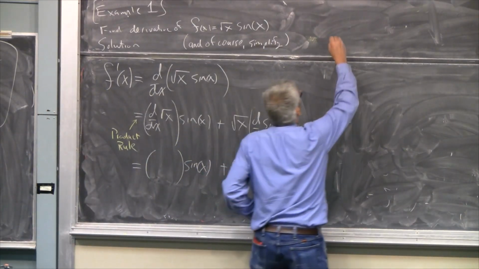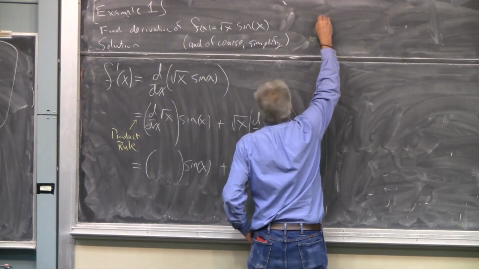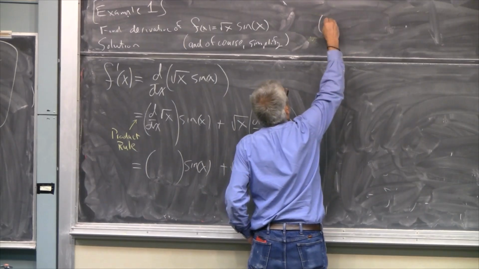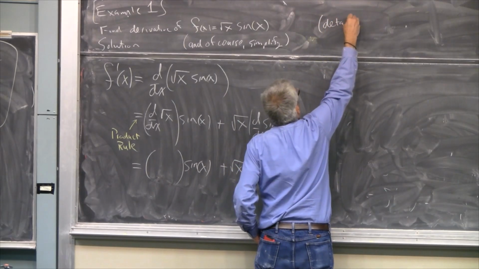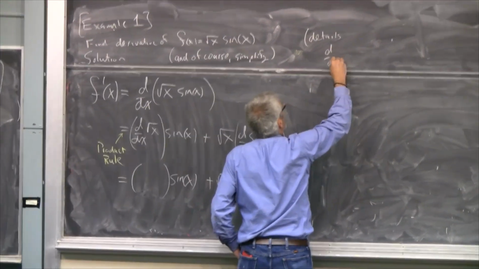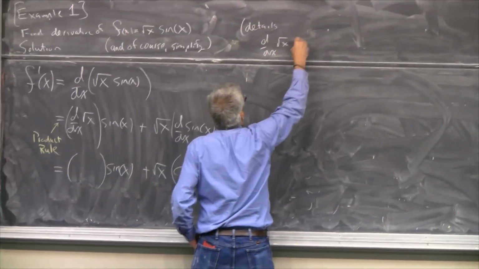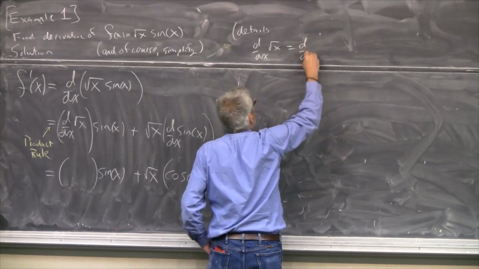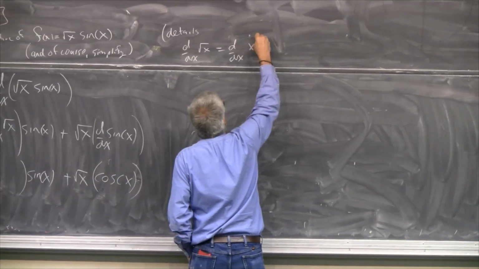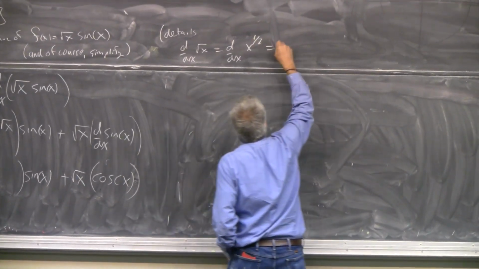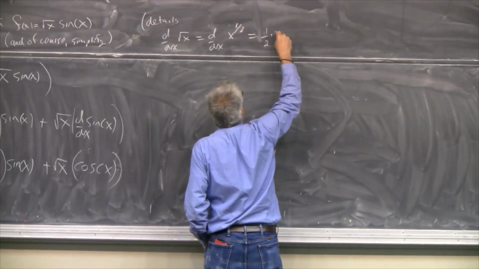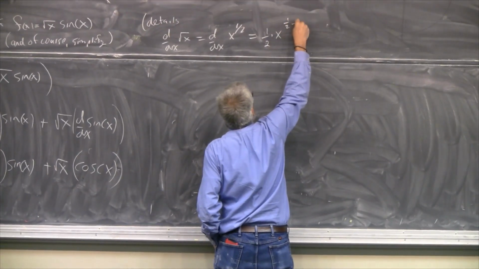Let's check this out. So we have the dirty word. The derivative of square root of x, that's the derivative of x to the 1/2. So that's 1/2 times x to the 1/2 minus 1.